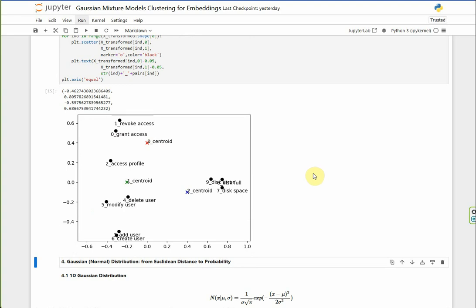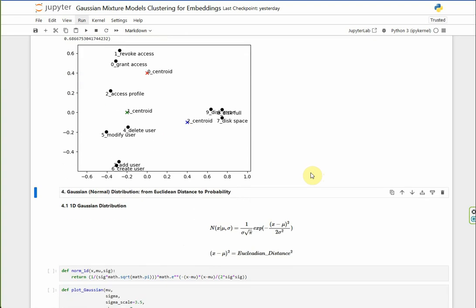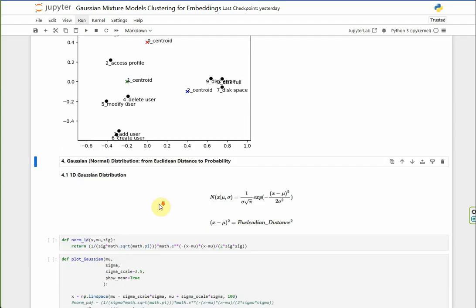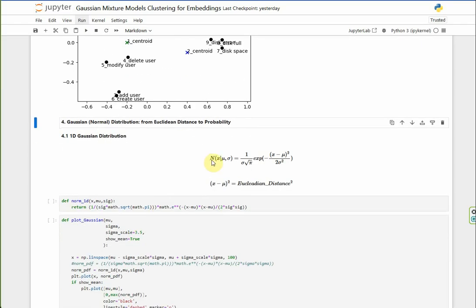Until this point, the steps are the same as we did in the previous video. Now, let's discuss the Gaussian or normal distribution and how we can actually make a transition from Euclidean distance, which explains the distance in space between 2 points, to probability. So the formula for the normal distribution is as follows.